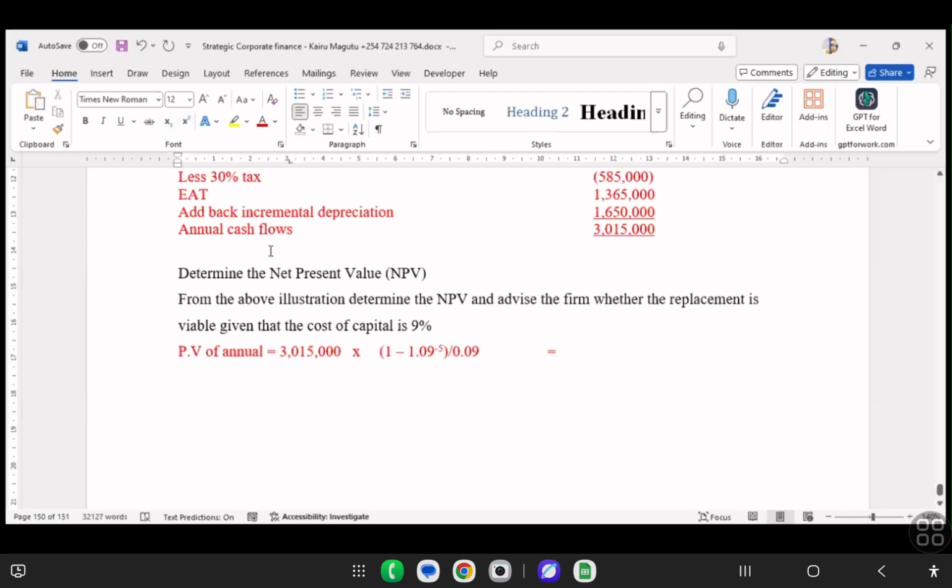Present value annuity factor, 1 minus 1 plus R power negative n, divide by R, then you multiply by 3015. Can someone give me the present value of the annual cash flow, please? Put that on your calculator, please.